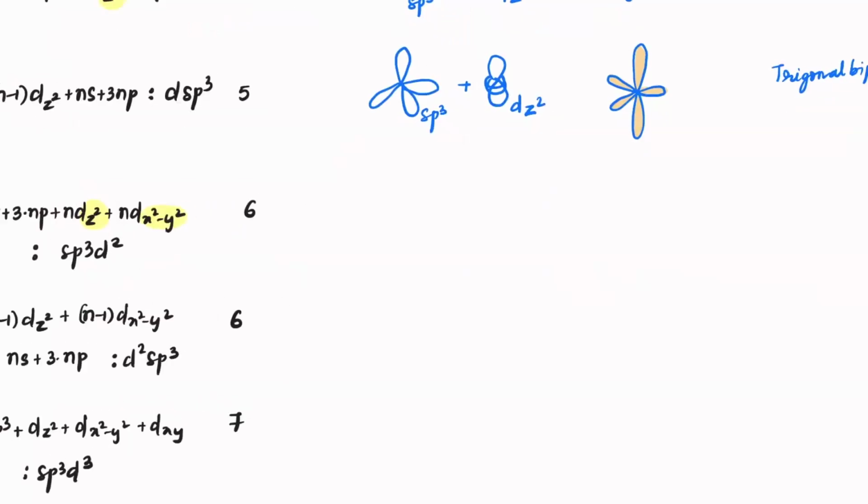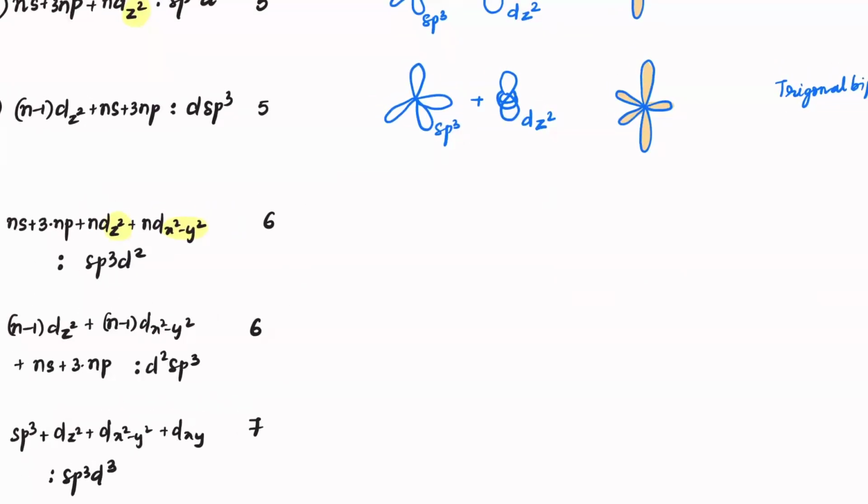Next, sp3d2. Now what we are doing is mixing. First, we got a tetrahedral by mixing sp3. This is sp3. Then we have two types of d orbitals here. One is like this, and the second one is dx square minus y square. If you recall, it will be along the x-axis and y-axis.